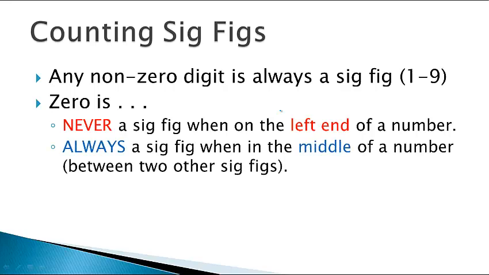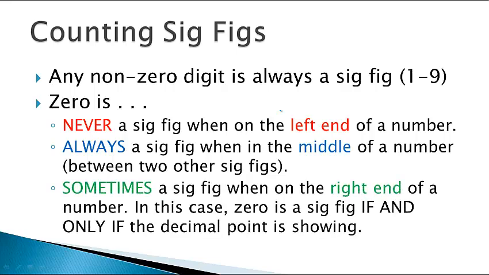When it's in the middle of a number, it's always a sig fig. Like if I say the year is 2014, that 0 in the middle there is a known quantity. It's not like I just put the 0 there to hold the place and I didn't know what the value was. Okay. And then on the right-hand side, that's where it gets a little tricky.